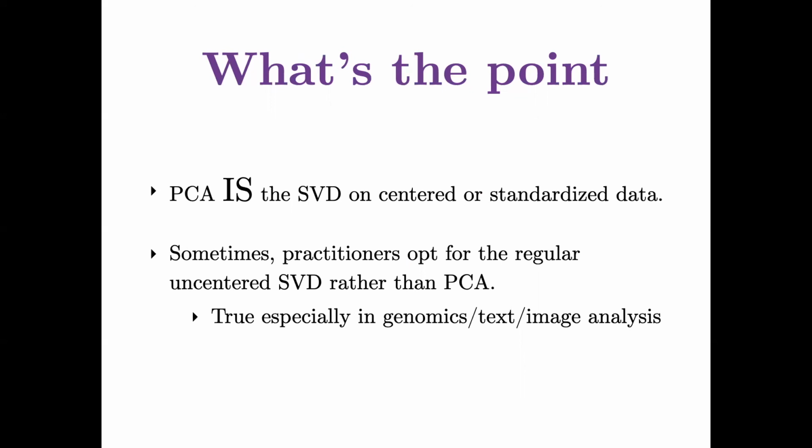And so in a sense, there's not much difference at all, except the interpretability can't be drawn from all the theory of principal components of actual normally distributed data. And so sometimes practitioners do opt for the regular uncentered SVD rather than PCA. This is true especially in applications like genomics, text, or image analysis. And we'll go into an example here in a minute.